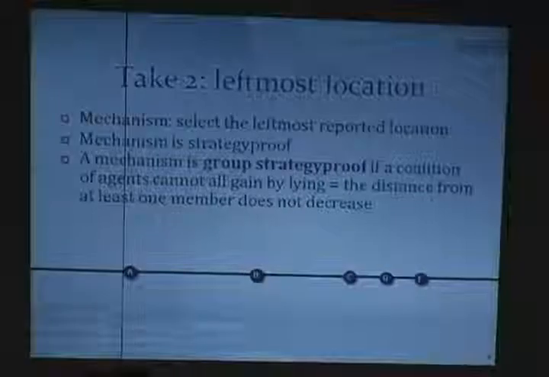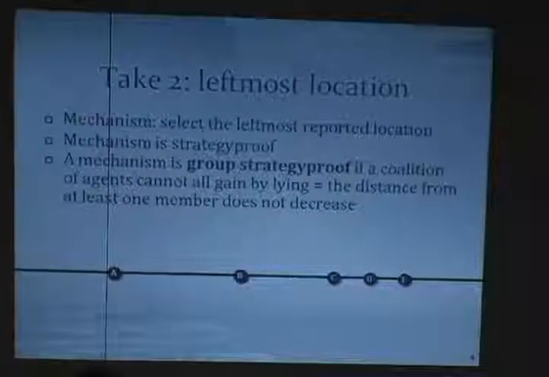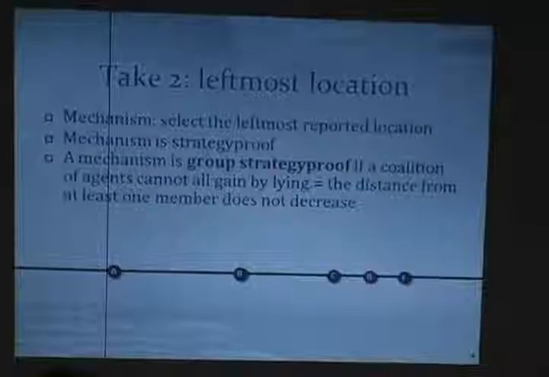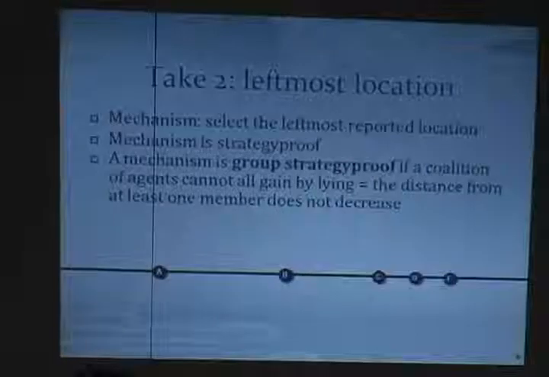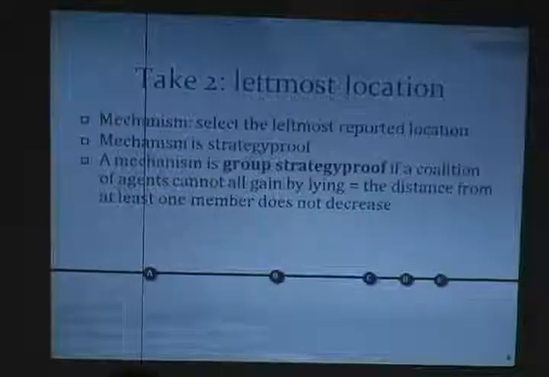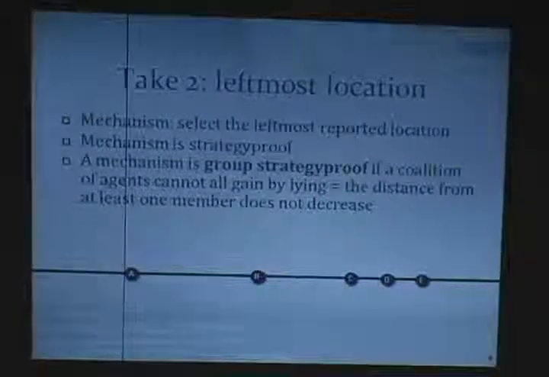Now, an even stronger game-theoretic property that we would like to see in mechanisms is called group strategy proofness. Group strategy proofness means that even a coalition of agents cannot all benefit from lying. In other words, if you have a coalition and everybody lies together, there's one agent whose cost does not decrease.